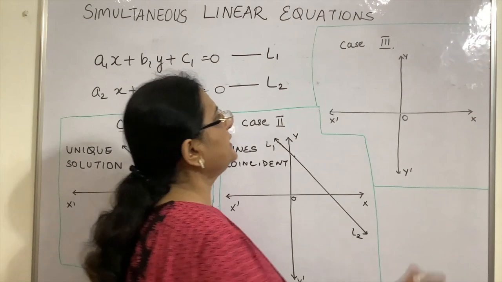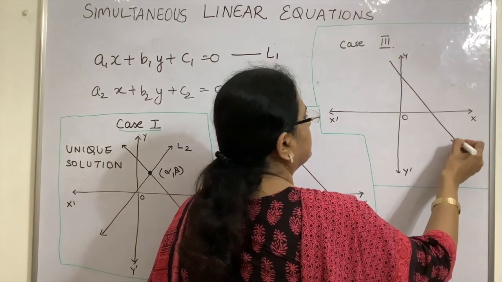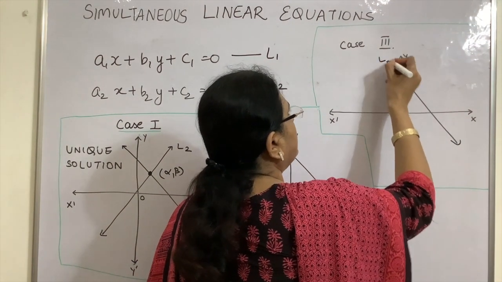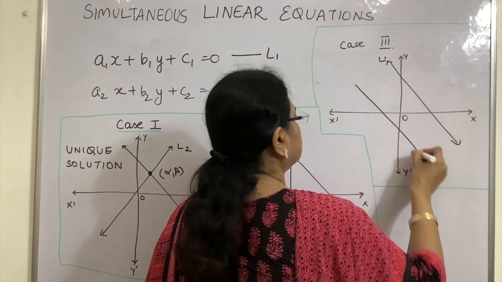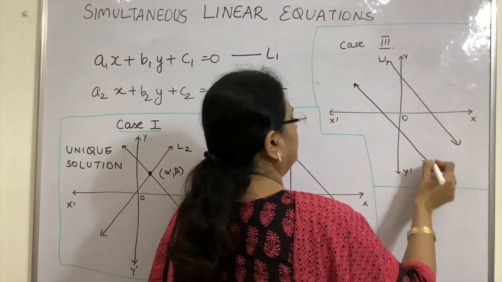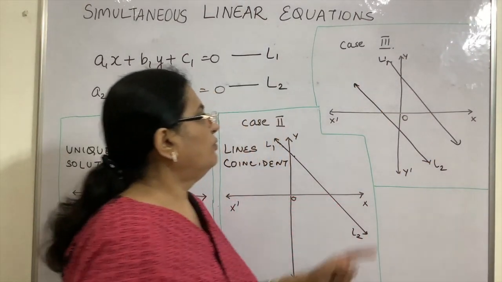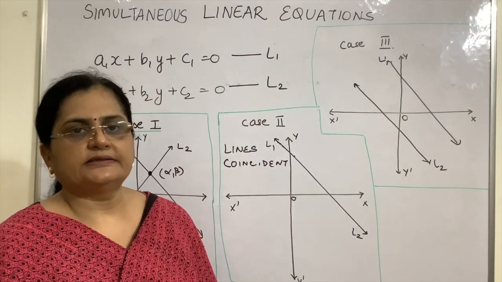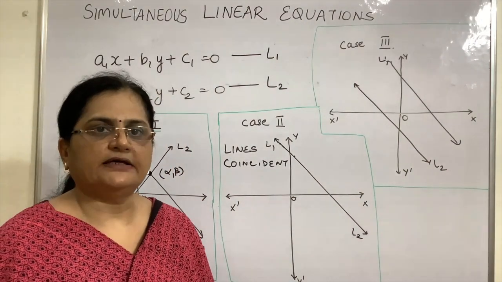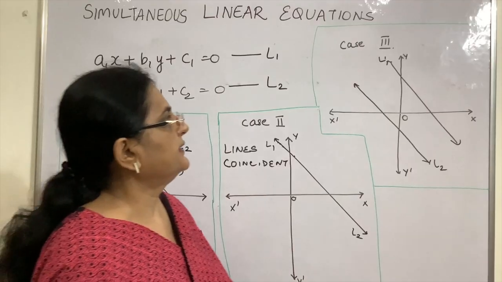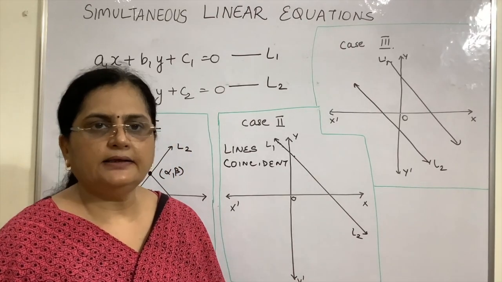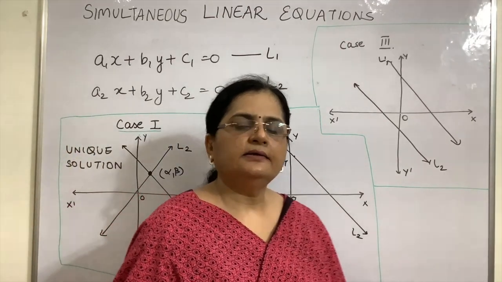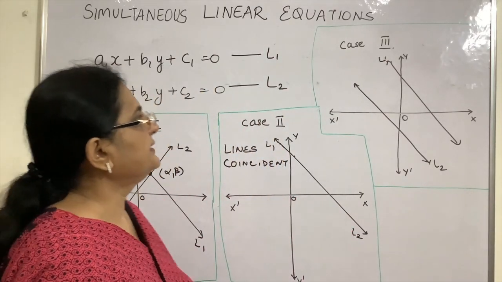And the third case that is possible is that this is one line L1 say, and this is the other line L2. Where do you see them intersecting? Are they intersecting anywhere? No, not intersecting. So they are parallel in nature, because we know that parallel lines never intersect each other.